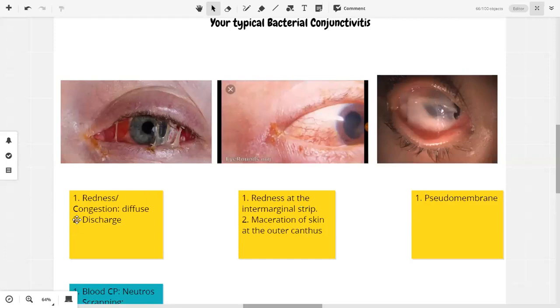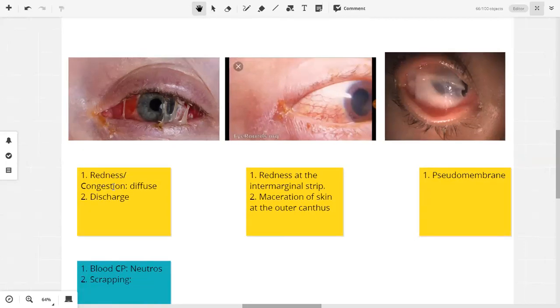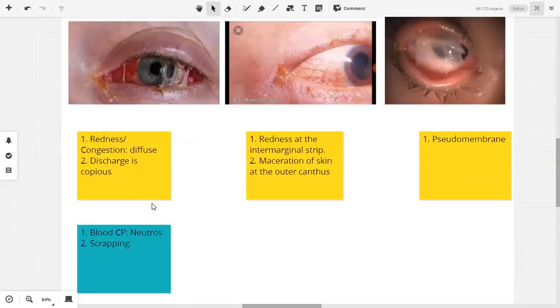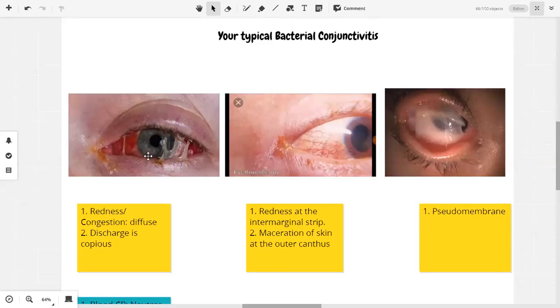Now, in our first case of our typical bacterial conjunctivitis, the patient has redness, congestion, which is diffuse, and he has a discharge. Now, if he were to give you a history that his discharge is copious, we can already see that his conjunctiva is diffusely red. Which organisms should come to your mind in this case?